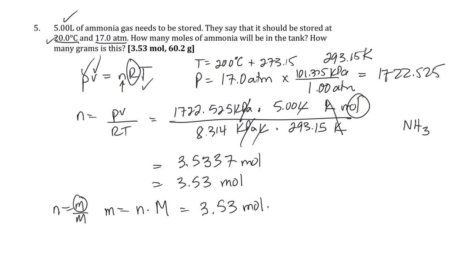Ammonia is NH3, so nitrogen's 14.01, 3 hydrogens are 3.03, so I need to multiply by 17.04 when you add those together. So it comes out to 60.215, rounded to 3 sig figs, 60.2 grams.